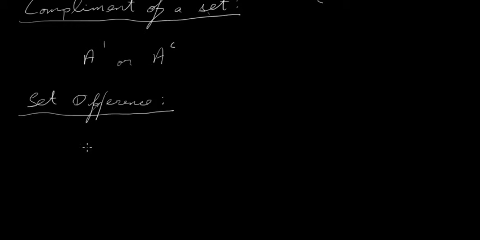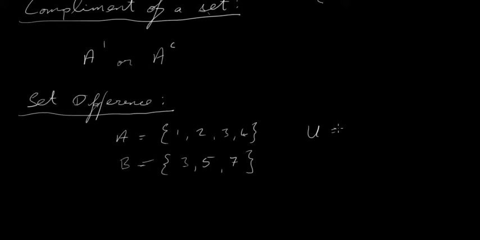Let's say we'll talk about the set A again, and let's say A is 1, 2, 3, and 4. And let's take another set called B, and we'll talk about B being 3, 5, 7. And we'll talk about another universal set containing numbers 1, 2, 3, 4, 5, 6, and 7.